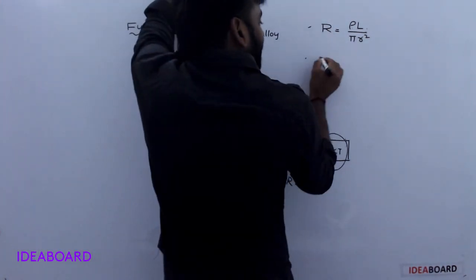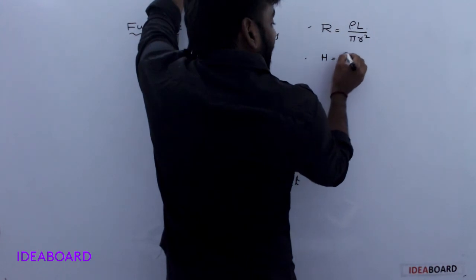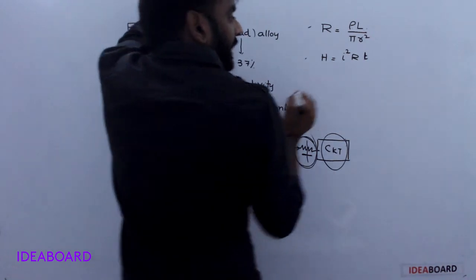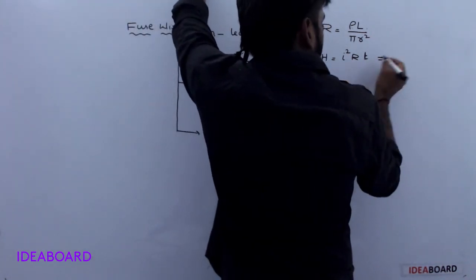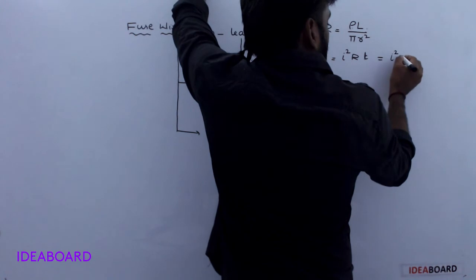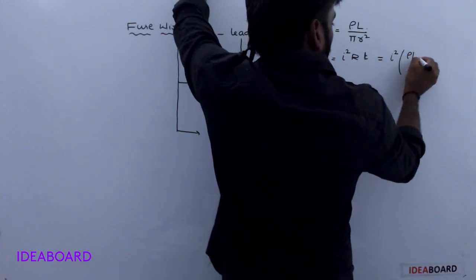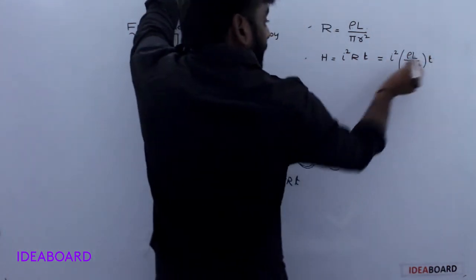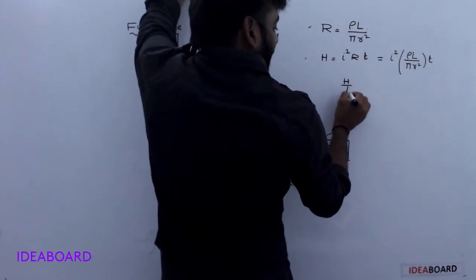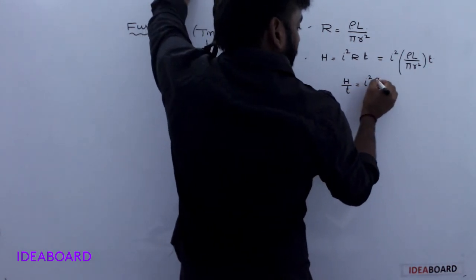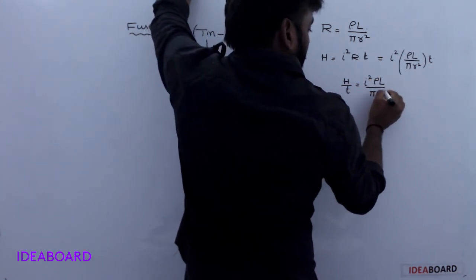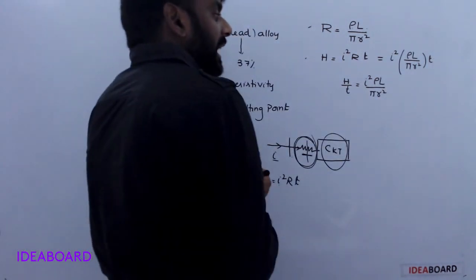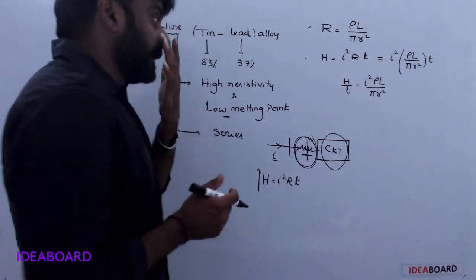Here developed heat is I square R into T, that is I square rho L by pi r square into T. T is taken this side, H by T is equal to I square rho L by pi r square, understood?